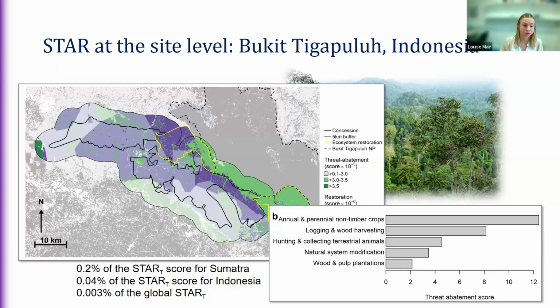Following this, we've got threats from logging and wood harvesting. And in this particular landscape, the next biggest threat is from hunting and collecting terrestrial animals. So this information helps you to start thinking about what would be the actions that we would want to plan in this landscape to reduce threats to species. What would be the most important actions that we could undertake?